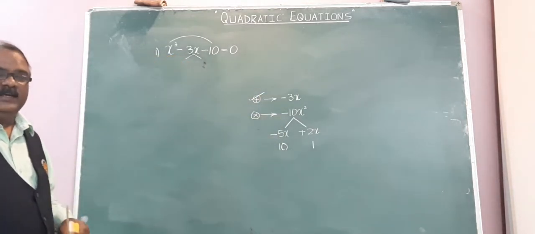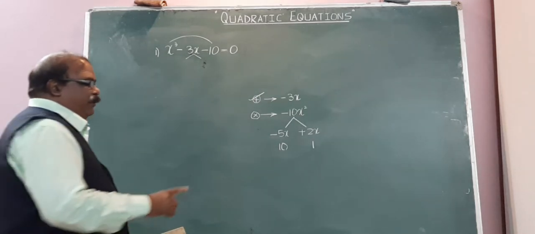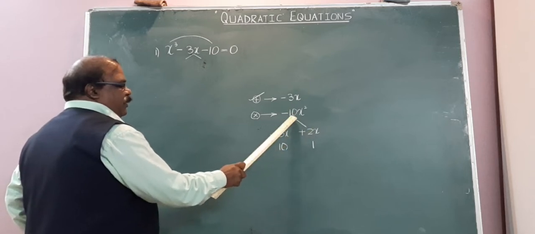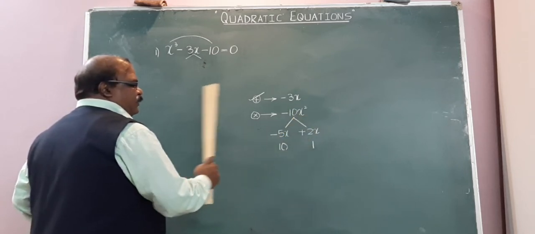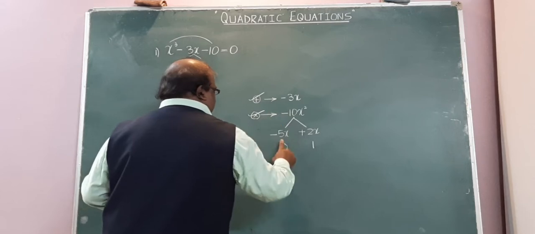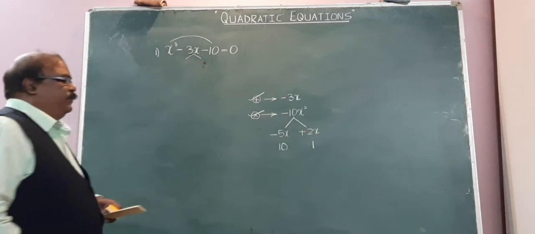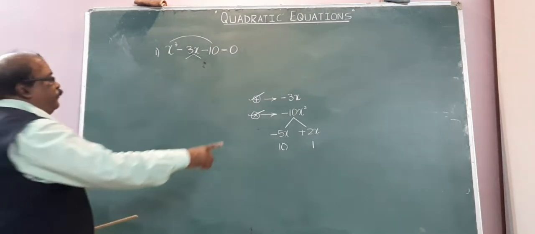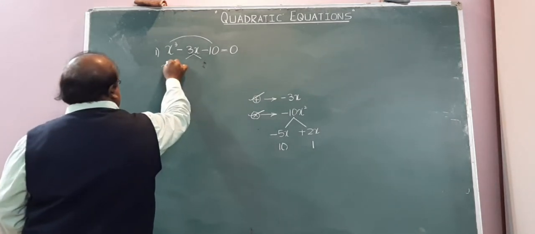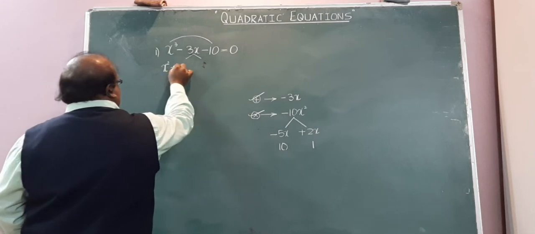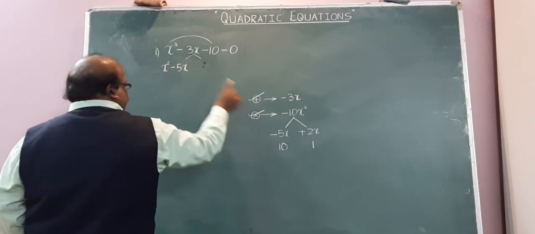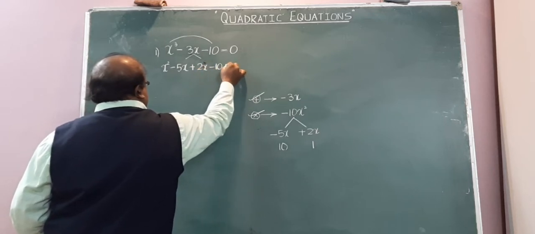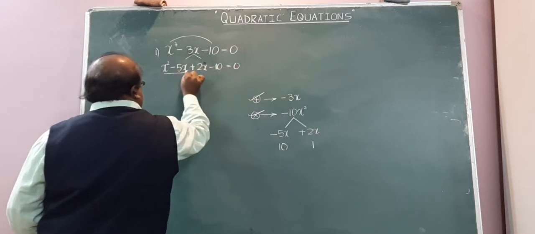Let's see whether the second condition is also fulfilled. When I multiply minus into plus, minus, 5 twos are 10, x into x, x squared. On multiplying, I get minus 10x squared. So the splitting, instead of minus 3x, I will write minus 5x plus 2x minus 10 is equal to 0.